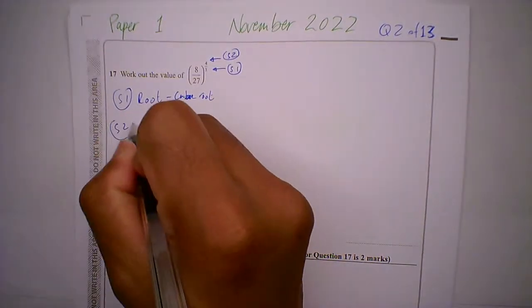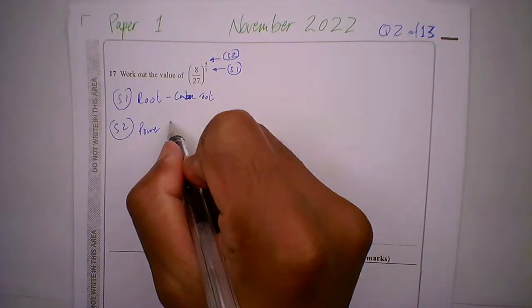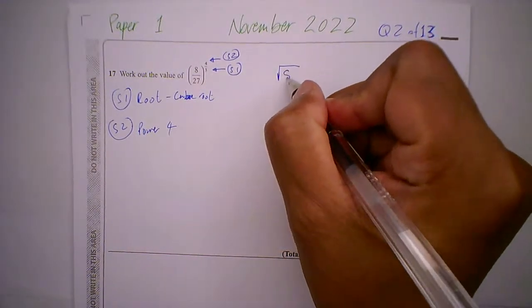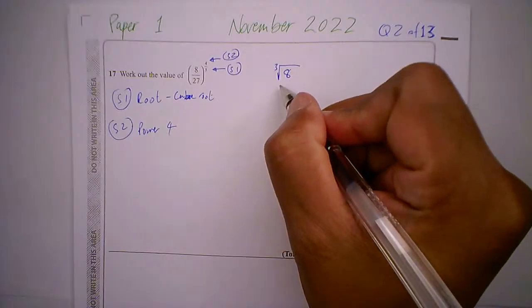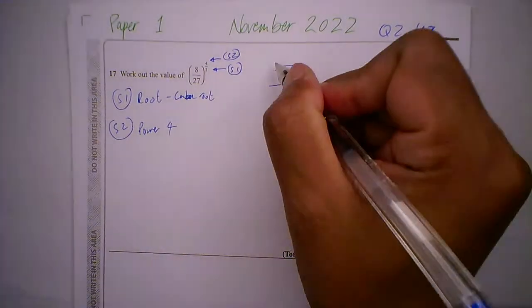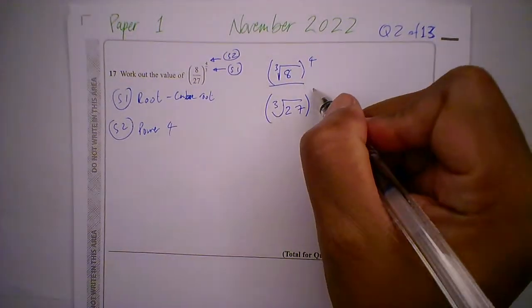And step 2 is I raise it to the power of 4. So I'm going to do the cube root of 8 over the cube root of 27. And step 2 is I raise this to the power 4.